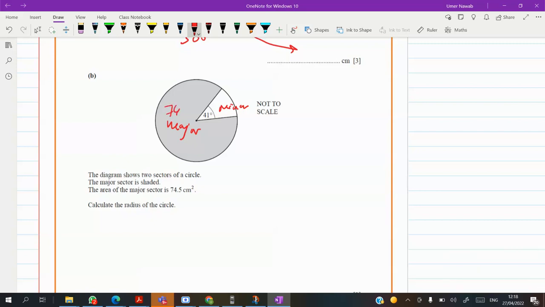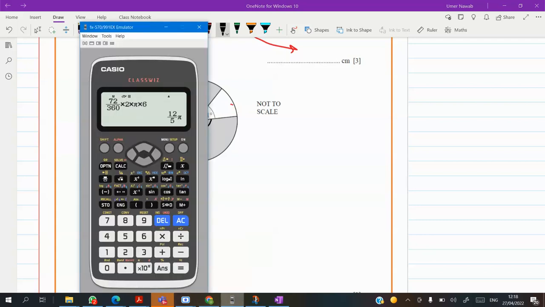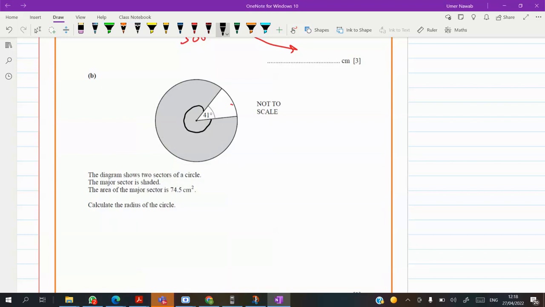We want to find the radius of the circle. So first you need to find this angle. 360 minus 41 gives us 319. So this angle is 319. The area of the major sector, meaning this sector, is 74.5.